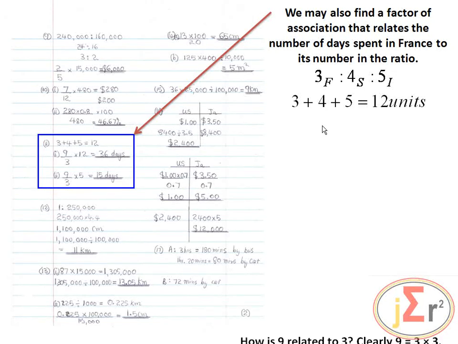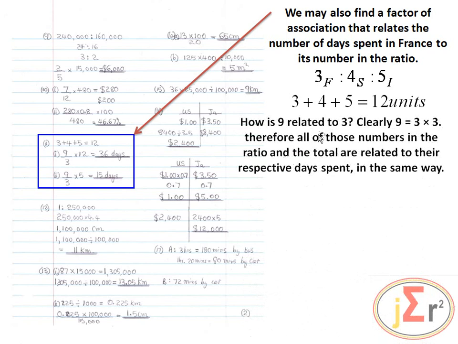So what is the factor of association? How is 9 related to 3? Clearly, 9 is equal to 3 times 3. Therefore, all of those numbers in the ratio and the total also are related to their respective days spent in the same way.